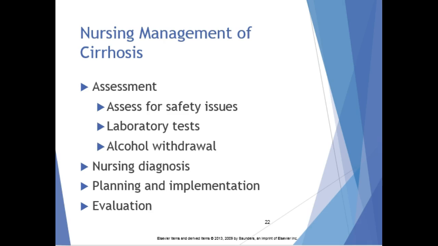They may have acute confusion due to increased ammonia levels, risk for injury due to confusion, inability to perform self-care due to drowsiness or fatigue and ascites, excess fluid volume due to ascites and peripheral edema from portal hypertension.